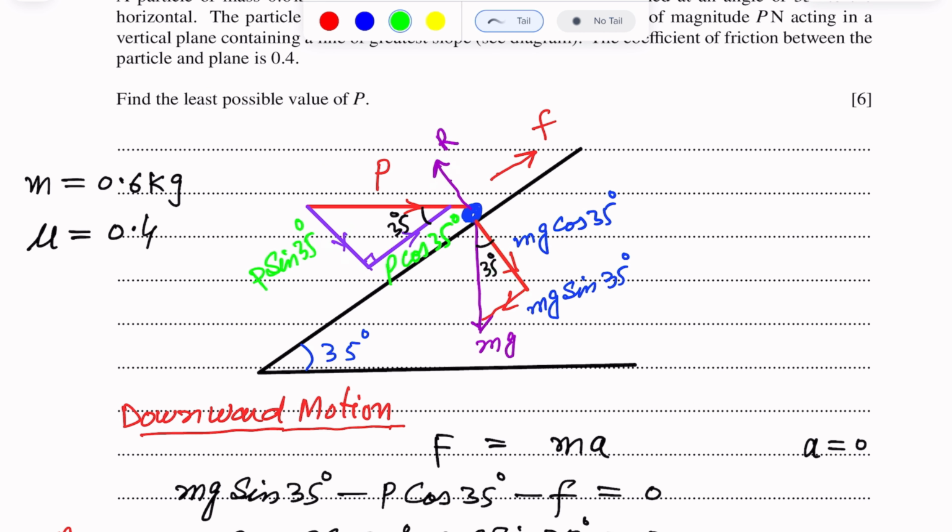So R will be equal to the sum of these two forces.